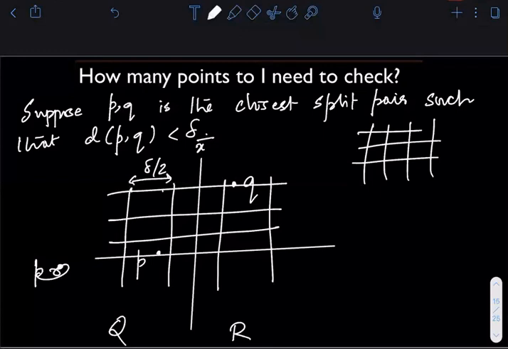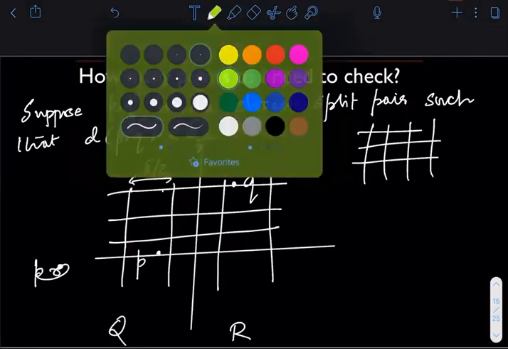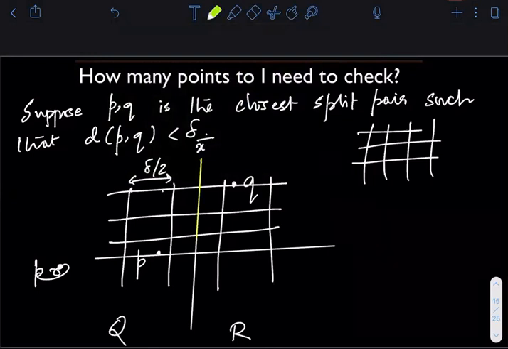Each side is of length delta over 2, and I'm ensuring two other things. The first is that one of the grid lines coincides with the median point X bar, and another grid line coincides with the y coordinate of the lower point P among this closest pair. Let's draw the median line with a different color so that this picture is a bit more clear.